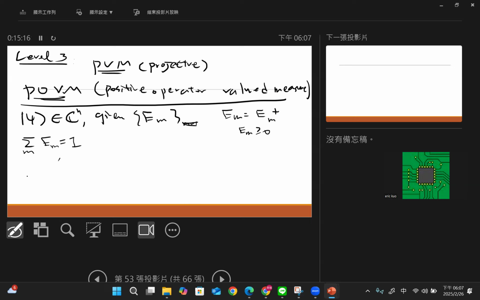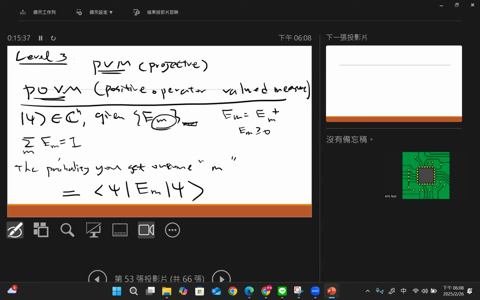What I'm saying is, let me write down the probability that you get outcome m, now using m as a label, is psi E_m psi. It looks maybe a little bit confusing.